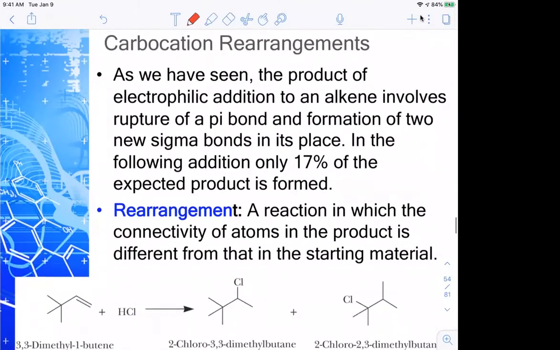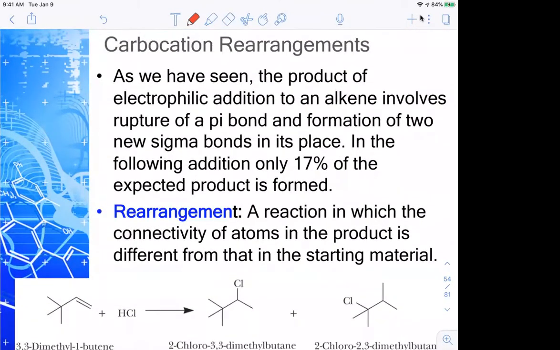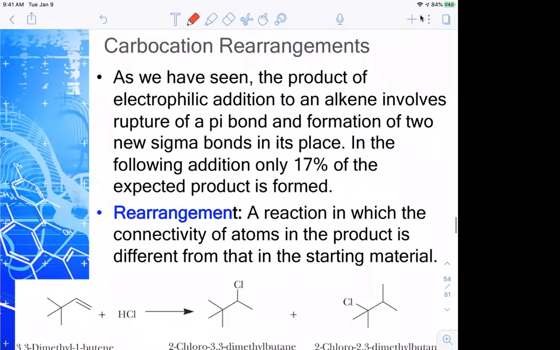Okay, now we're going to segue a little bit. Let's look at what happens when I have a carbocation and it actually can rearrange. Carbocations can do three things.